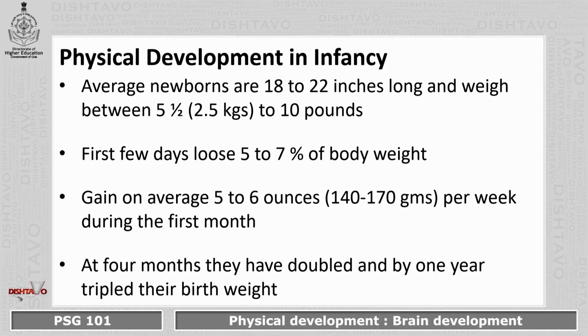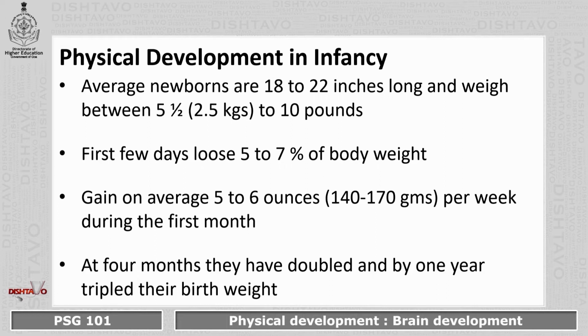Now, let's look at the physical development that takes place in infancy. Height and weight increase rapidly in infancy. Growth takes a slower course during the childhood years. The average North American newborn is 20 inches long and weighs approximately 7.5 pounds.